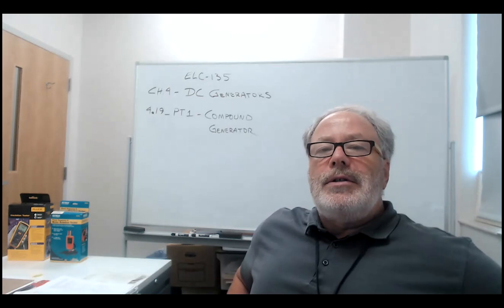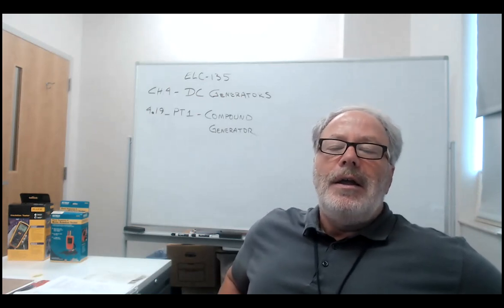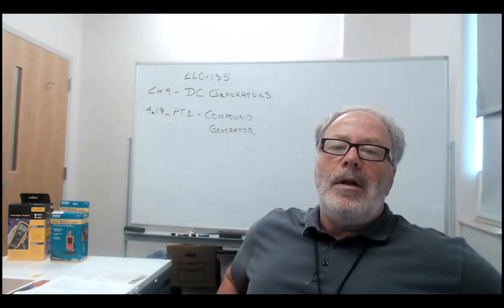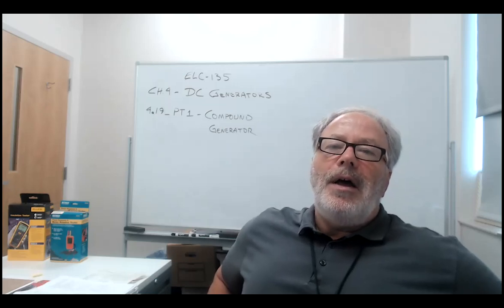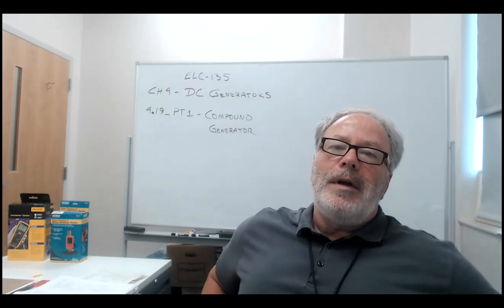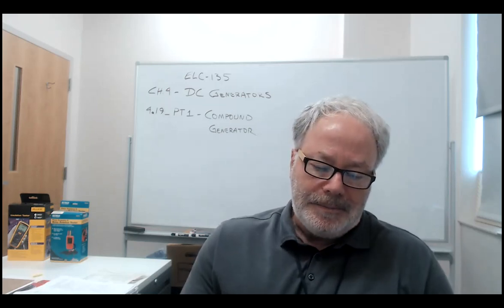It's a very simple solution and very easy to understand. So we'll look at the representation of the compound generator, and then we'll see what this really simple solution does in terms of improving the characteristics of the generator.